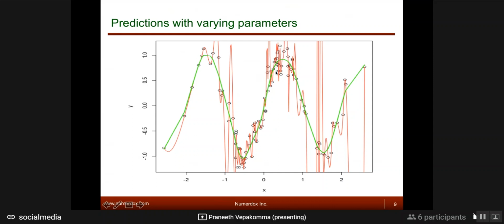It's not going through all these points, but it's going through this overall pattern. If you go a little back from your screen and see the shape, the shape does look like this for your data. It's not going through every single data point. Now, which one is better? The red one is going to give me 0 prediction error. It's going to give me 100% prediction accuracy. It's like a crystal ball in the movies. It's predicting everything correctly.